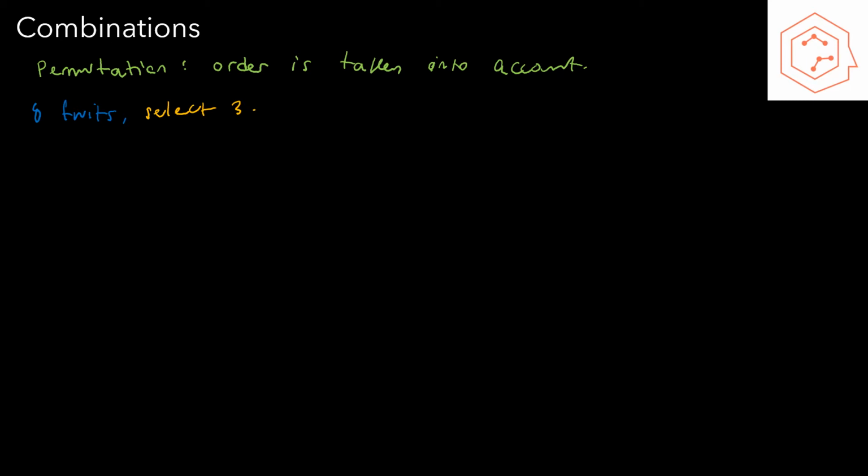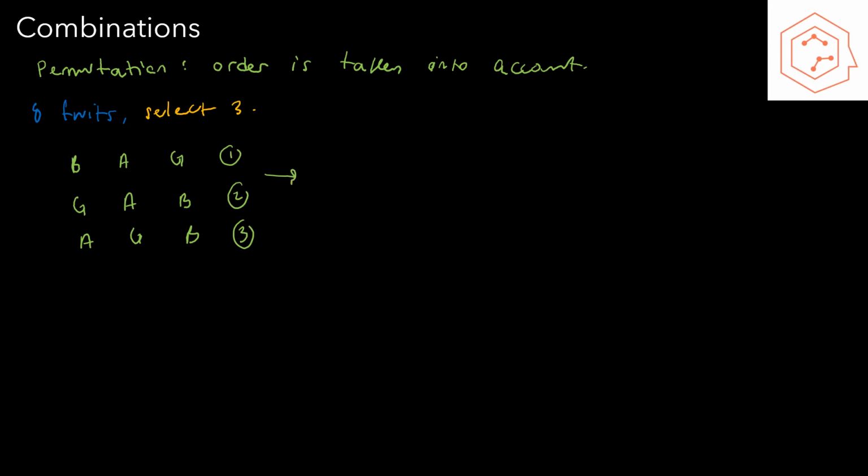If we had picked a banana as our first fruit, an apple as our second fruit, and a grape as our third fruit, that counts as one potential arrangement. A second arrangement would be picking the grape first, followed by the apple, followed by the banana. That's 2 arrangements. A third arrangement would be picking the apple first, followed by the grape, followed by the banana.